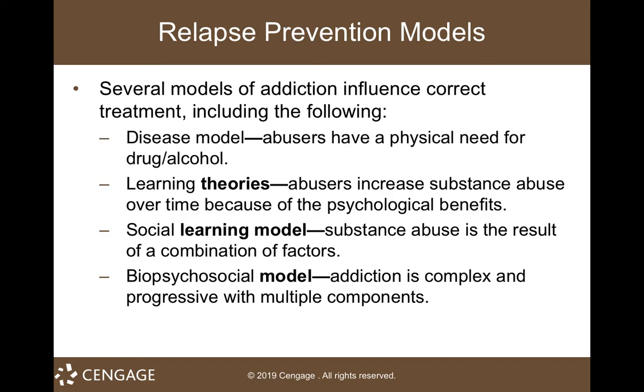So in this chapter, we're looking at several of the different theories that we've talked about before, about how these theories look at relapse prevention. Okay. The disease model, and we're on page 164, accepts the basic assumptions that alcohol and drug-dependent individuals have virtually irresistible physical cravings for their chosen substance and that they experience a loss of control over its use.